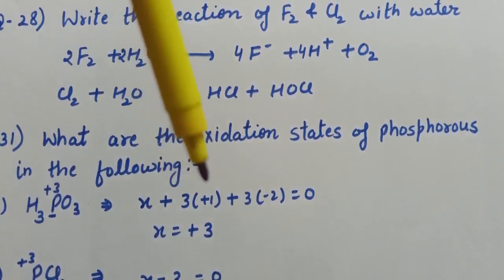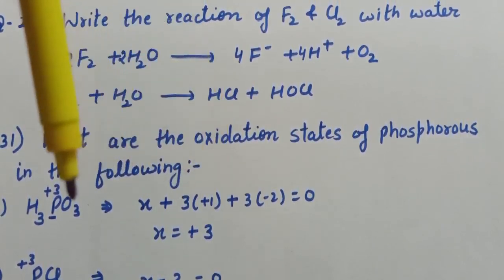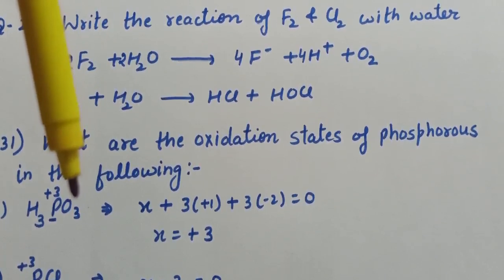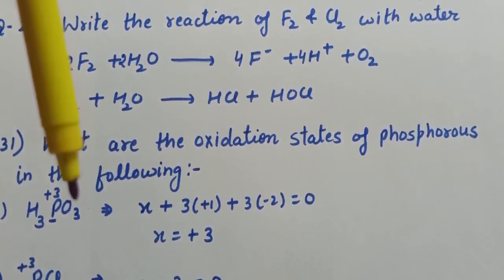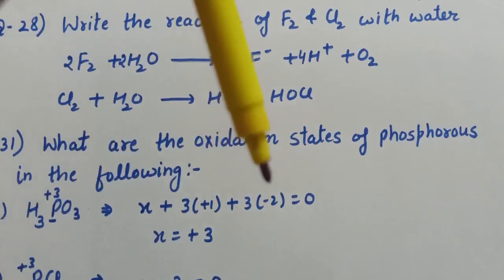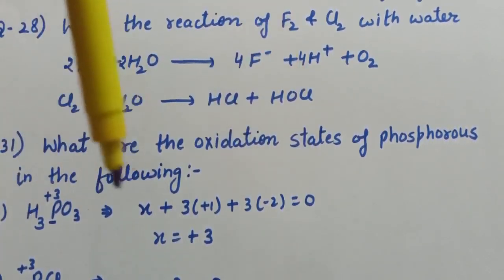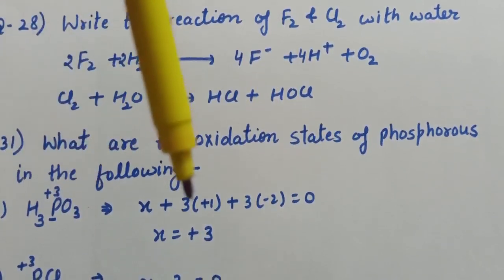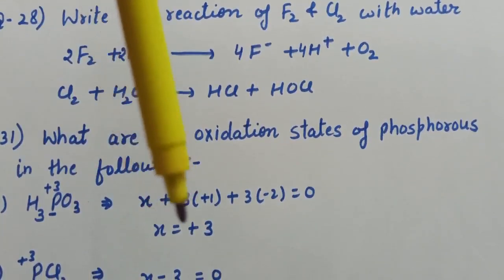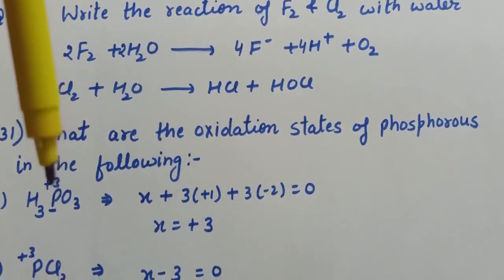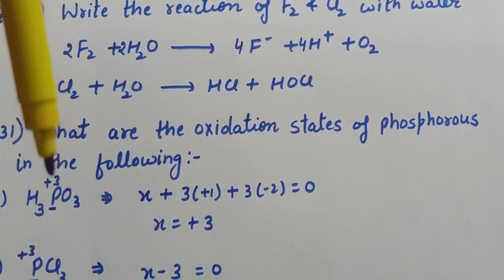So 3 into +1 plus, here we have 3 oxygen and the common oxidation state of oxygen is -2, so 3 into -2, that will be equal to 0 because this compound is neutral. Now when we solve this, the value of X comes out to be +3 and therefore the oxidation number of phosphorus in H3PO3 is +3.